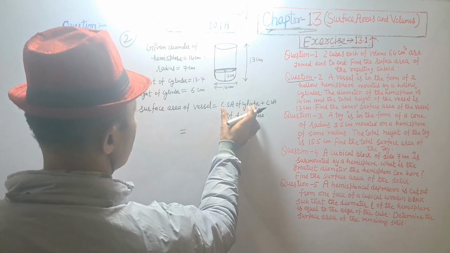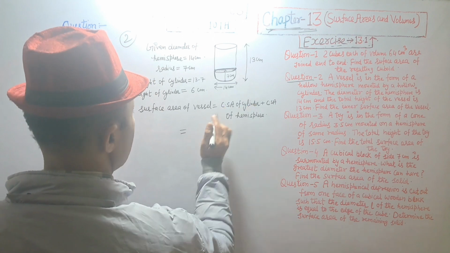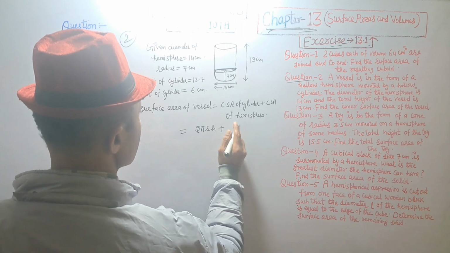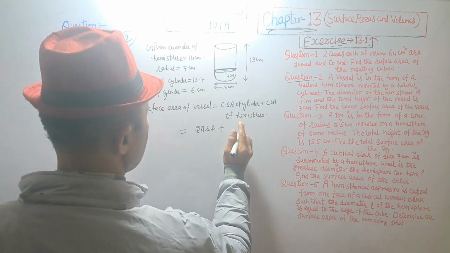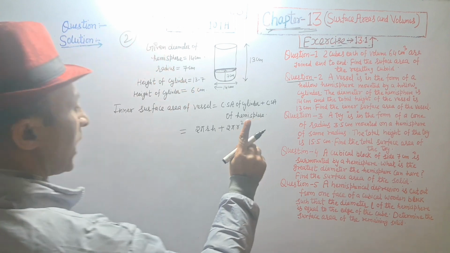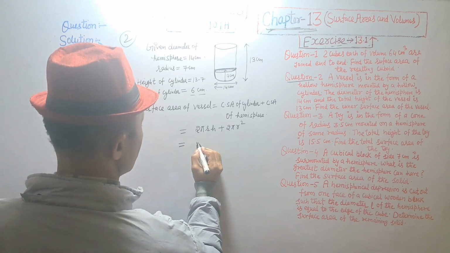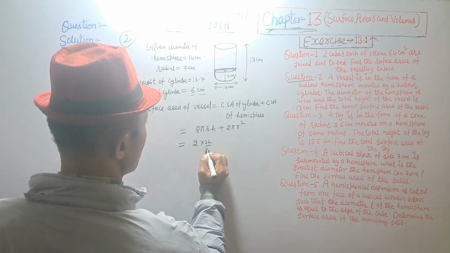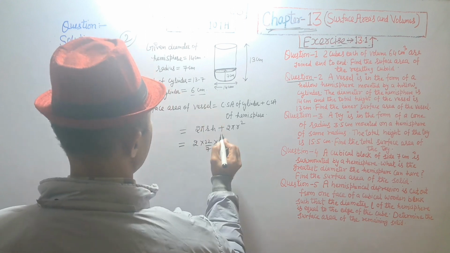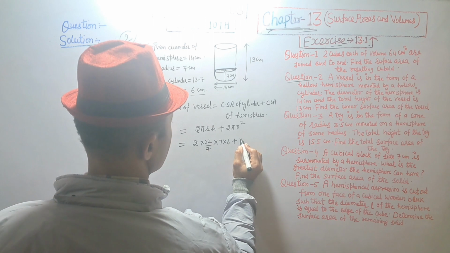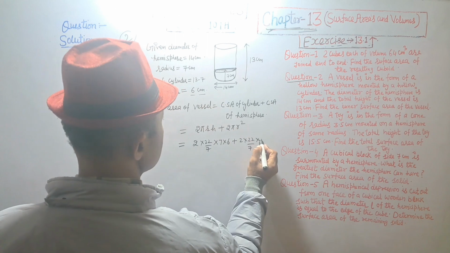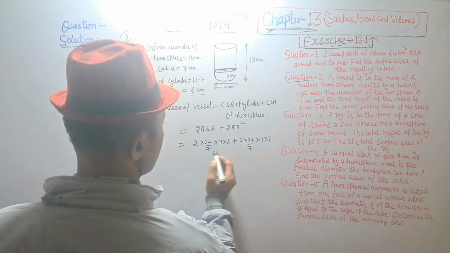Curved surface area of cylinder is equal to 2 pi r h, plus curved surface area of hemisphere is equal to 2 pi r square. That is 2 into 22 upon 7 into radius 7 and height of cylinder 6, plus 2 into 22 upon 7 into 7 into 7.